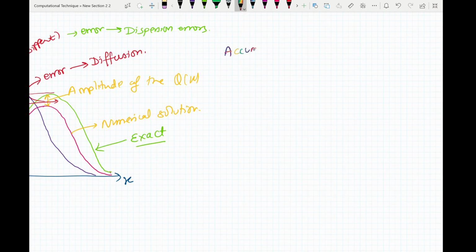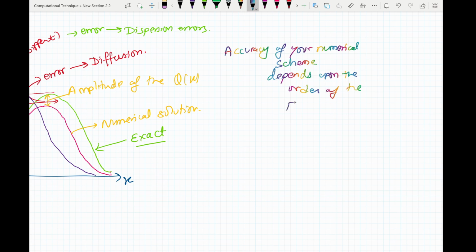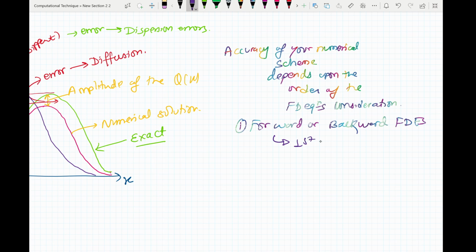The accuracy of your numerical scheme depends upon the order of the finite difference equations you have taken into consideration. For example, if you use forward or backward, which only have first order accuracy, then in such cases you'll get both dispersion and diffusion errors.